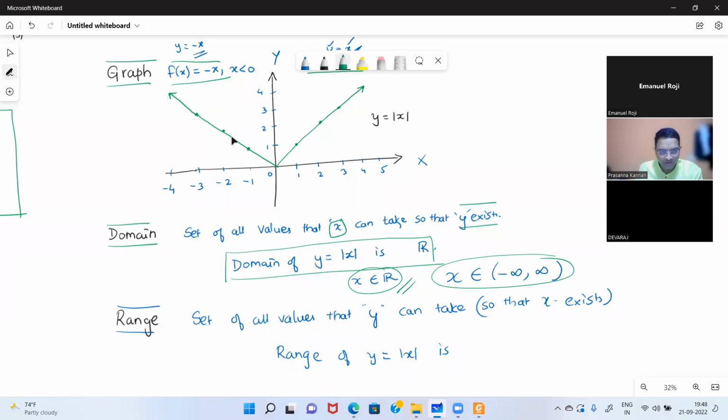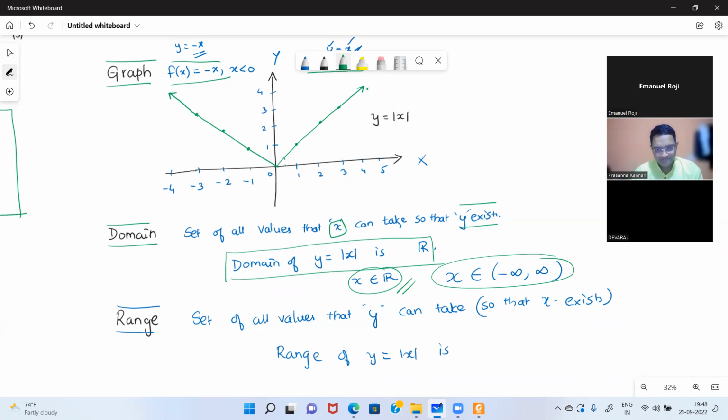You have to just look at the graph here. What all values is your function taking? Positive real numbers, not whole numbers, right? I can have 0.5 there as well. If I have root 2, I have root 2 also.